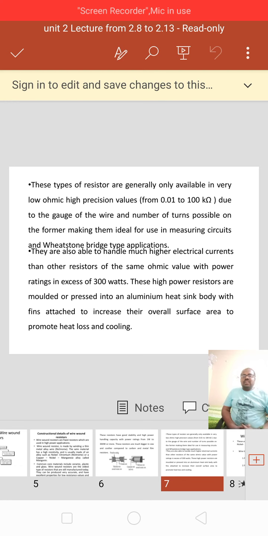In these lines, we learned that these wire wound resistors are generally used in measuring circuits as well as Wheatstone bridge type applications.